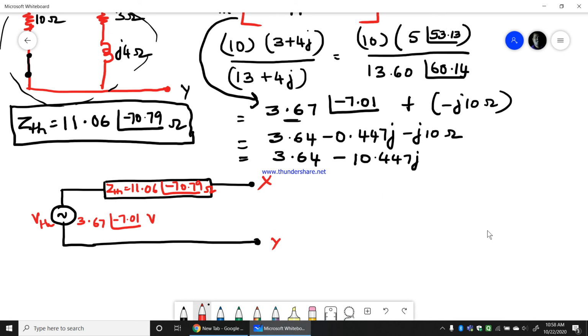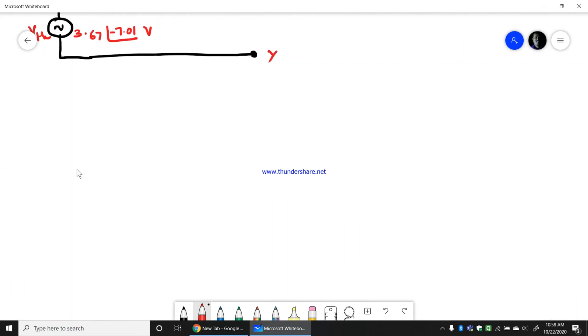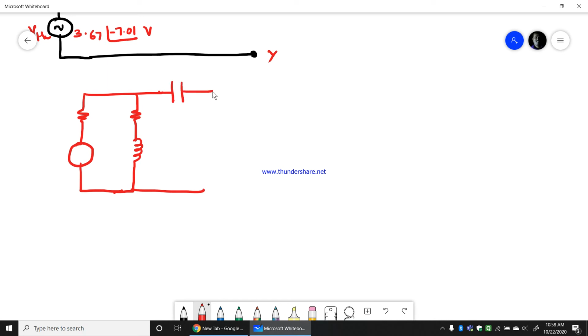Now coming to Norton's equivalent circuit, we will try to take the same circuit which is given in the question. So this is X and Y terminal, load terminal which we have.